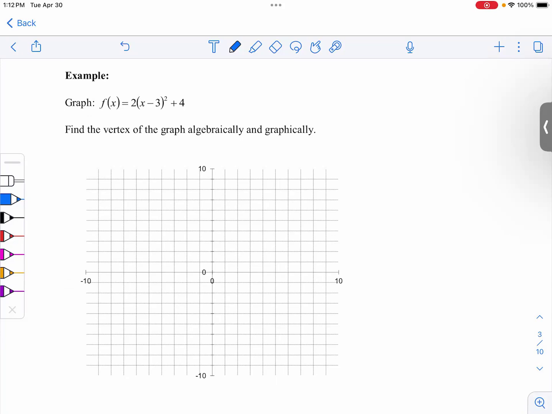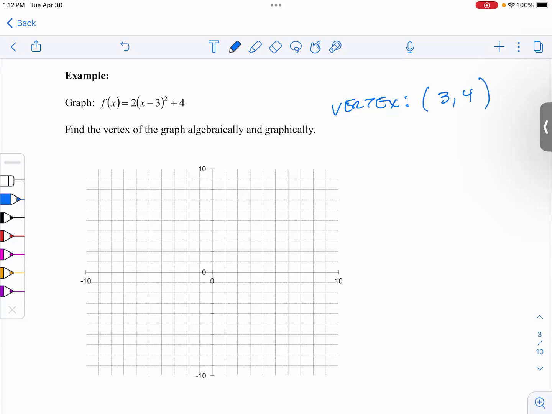So what's the vertex here of this equation f of x? What is it? One more time. It's not negative 3, 4. That's very close. It's 3, 4.